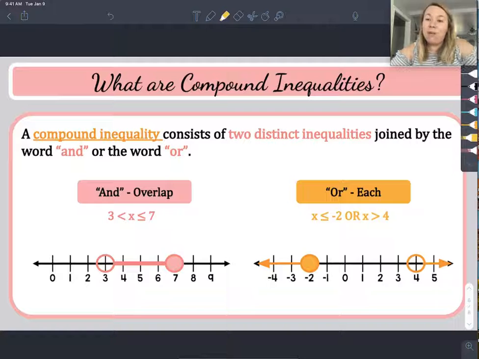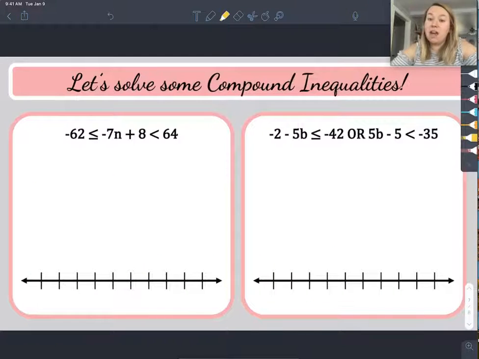Those are a couple other types of solutions, not as common though. The two diagrams we have for and or, those are going to be the most common. So let's get into solving some compound inequalities and seeing how they solve and graph out.